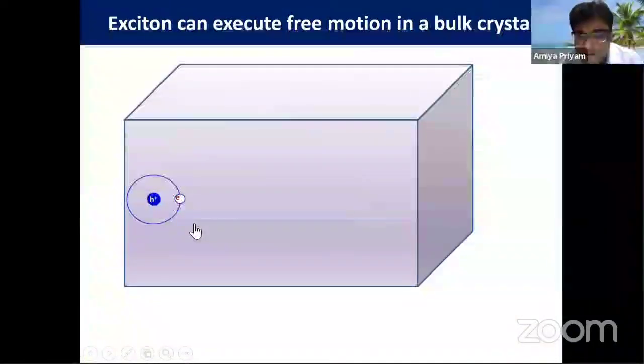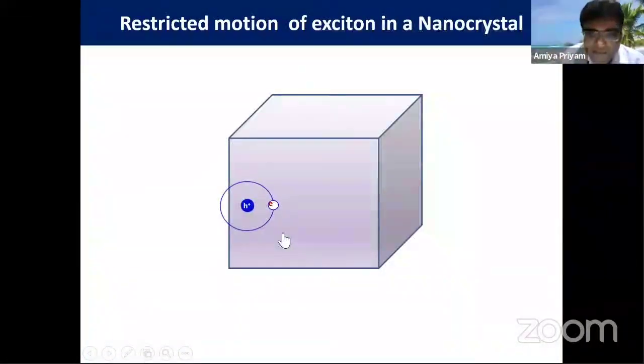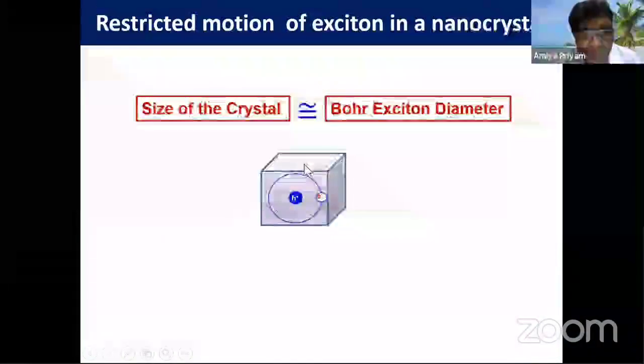But after some time, when you are making it smaller and smaller, the restriction is more, and finally you will reach a point when the size of the box that we are talking about is almost comparable, on the order of the Bohr exciton diameter. In such cases, this exciton will not be able to execute free motion.